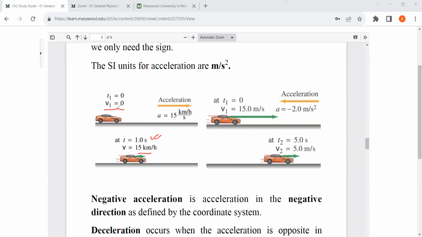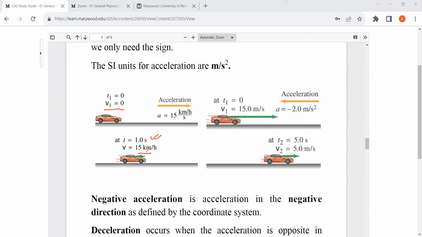So in 1 second its velocity is increased by 15 km/h. Because it increased, that means we are speeding up, so we accelerate this car.